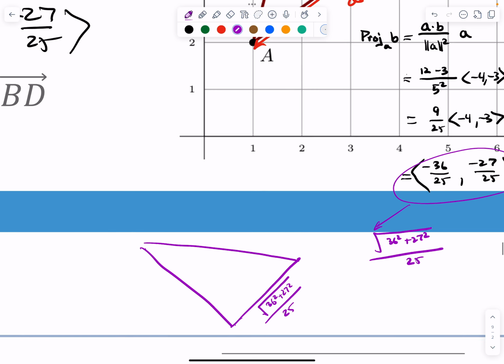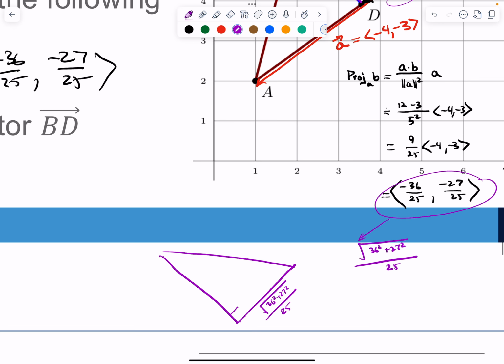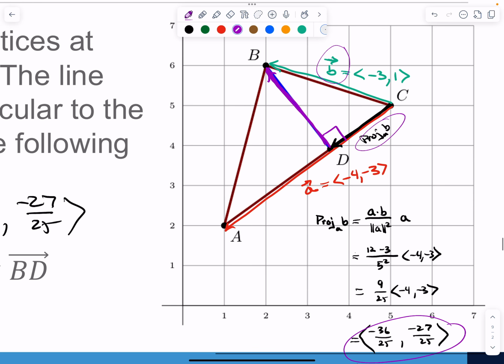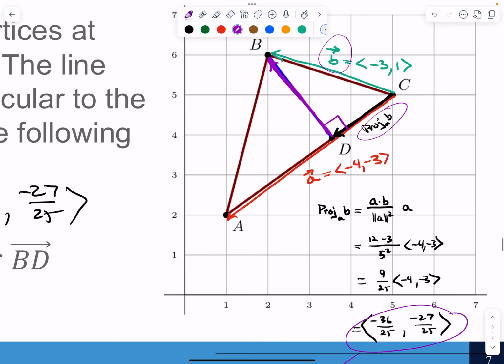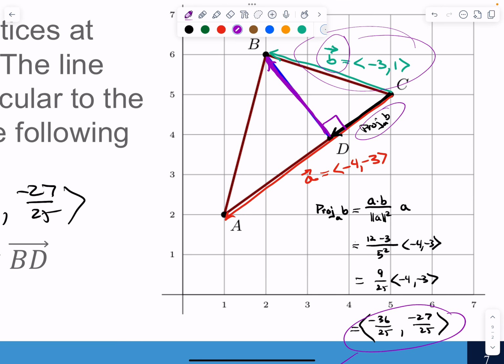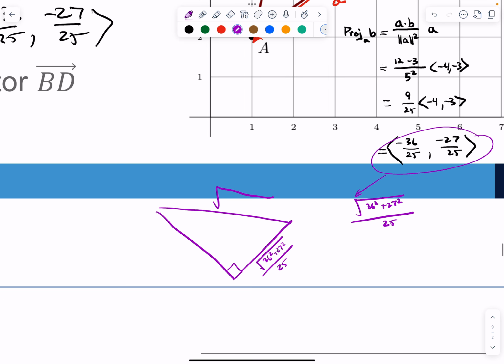And then this one is going to be a little kinder, because that one is just -3, 1. -3, 1 is this vector B right here. And so that'll just be the square root of 9 plus 1, which is 10.